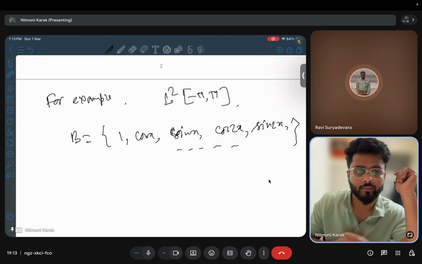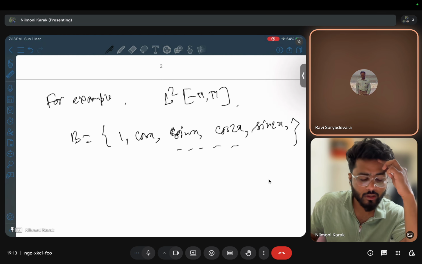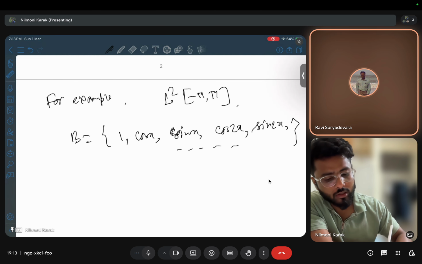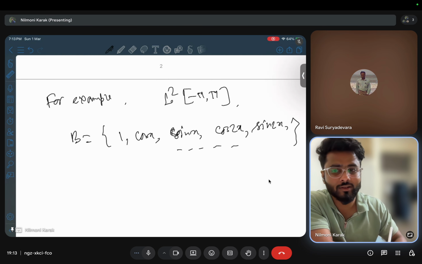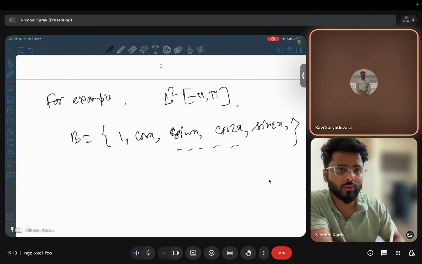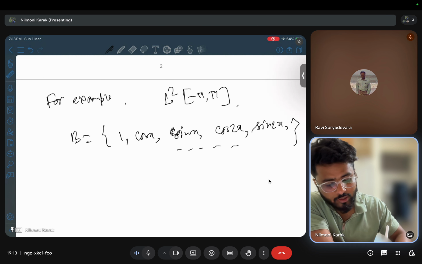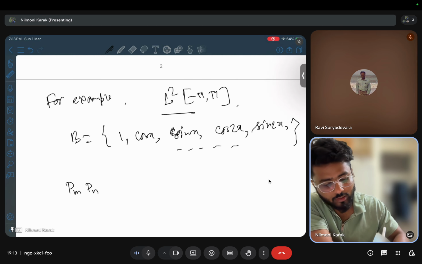Hi, Ravi. No, no, that is different actually. Here the basic thing is similar, but for two elements P_m and P_n, orthogonal in L2 means in the L2 norm.